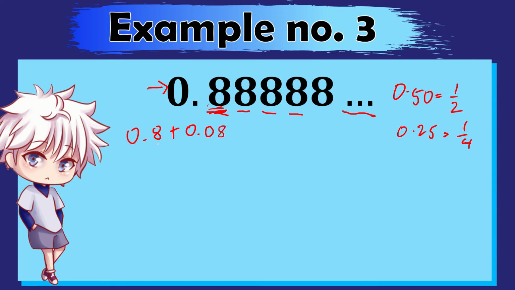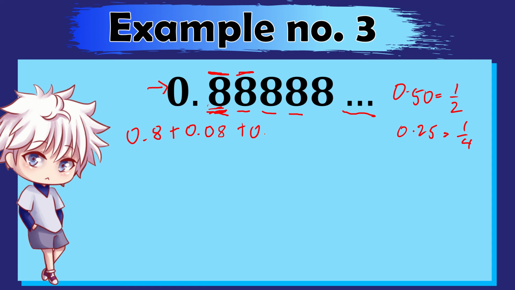Kasi kung ilang digit yung nasa unahan, ganun kadami yung zero na idadagdag nyo. Kasi ano ibig sabihin nun? Yung 0.8, ito po siya na nasa tenths. Yung sunod, yung 0.08, ito naman siya yung digit na nasa hundredths na place value.